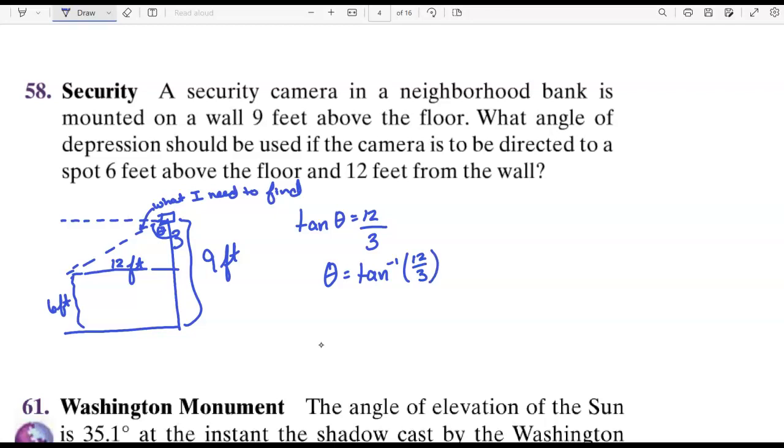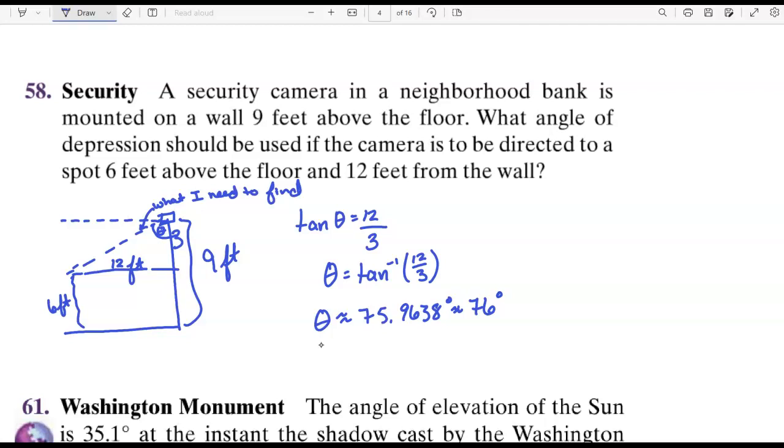So if we're doing this in Desmos, this is where you would use arctan. I'm going to do this off screen on my calculator. So I get 75.9638. So it's about 76 degrees, if I were to round to one decimal place.